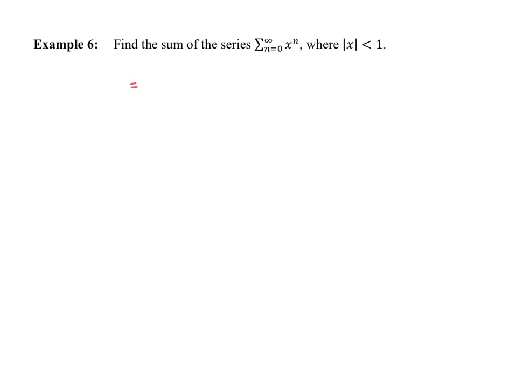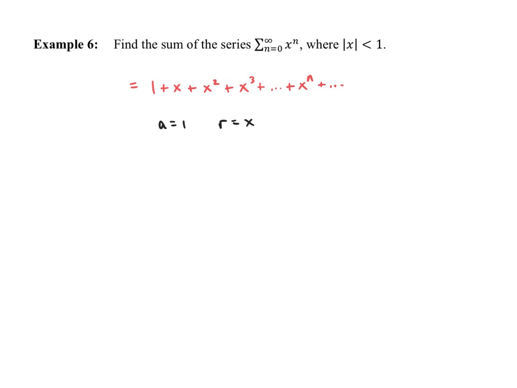So in this particular case, let's just list it out. So if we were to list out terms, n is 0, so we get 1, plus n is 1, we get x to the first, plus n is 2, we get x squared, plus n is 3, we get x to the third, and so on. We get x to the n, and then we just continue on, okay? If you can use these geometric series ideas that we just developed, you can see that a is 1, and r is the value we multiply by every time, which is clearly x.